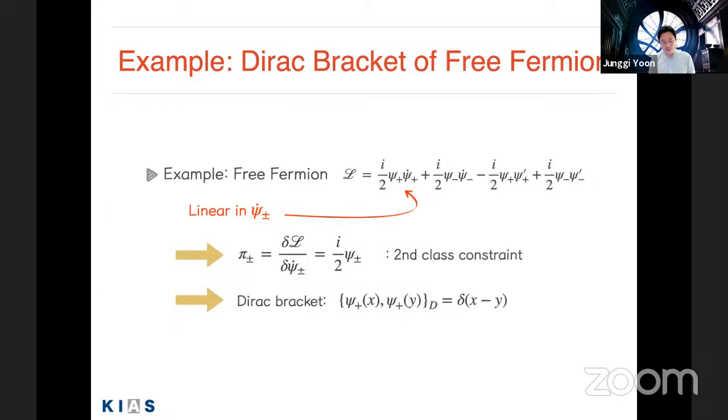It's very different from the scalar field, and this forms the second class constraint. You can calculate the Dirac bracket of this second class constraint, and this Dirac bracket will give us the usual anti-commutation relation of fermions.